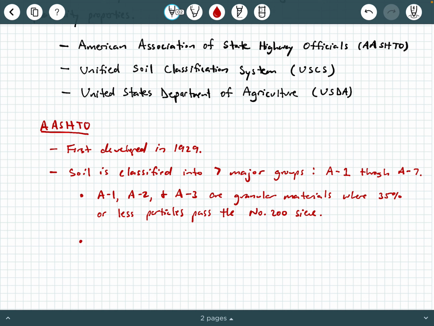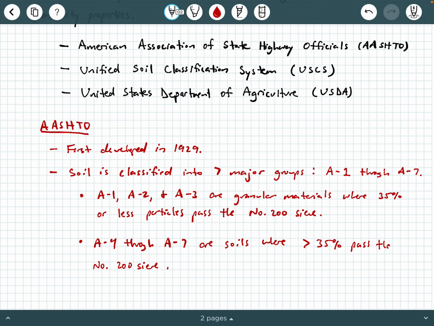Now, what about A-4 through A-7? A-4 through A-7 are for soils where more than 35% pass the number 200 sieve.